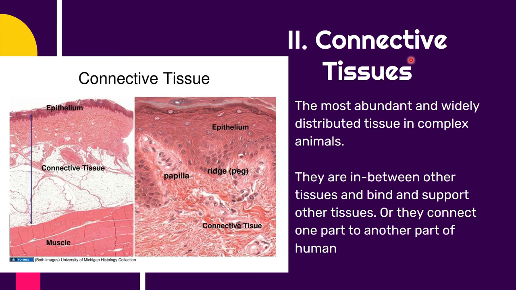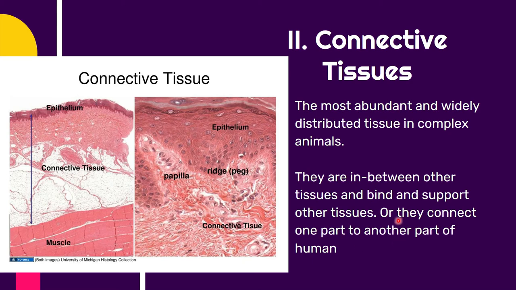This type of tissues, they are found in between other tissues. For example, we have an epithelial tissue, and then we also have a muscular tissue. So naa siya in between these two types of animal tissue. So it connects both these different types of animal tissues.